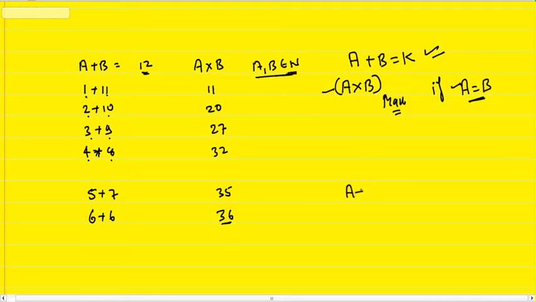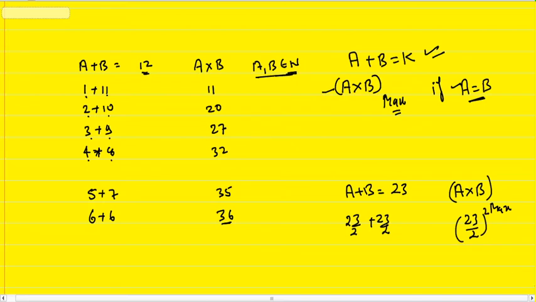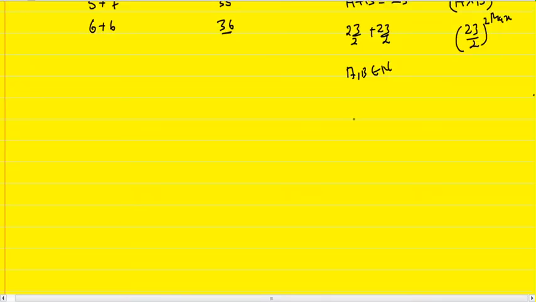Imagine if I have a plus b as 23 and somebody asks me to maximize a into b. What I will do is I'll make this number 23 by 2, I'll make this number 23 by 2, and I will have 23 by 2 whole square as the maxima. But if the same question has been created with a condition that a comma b should be natural, if you come across such a condition, you will have to work with manual values.